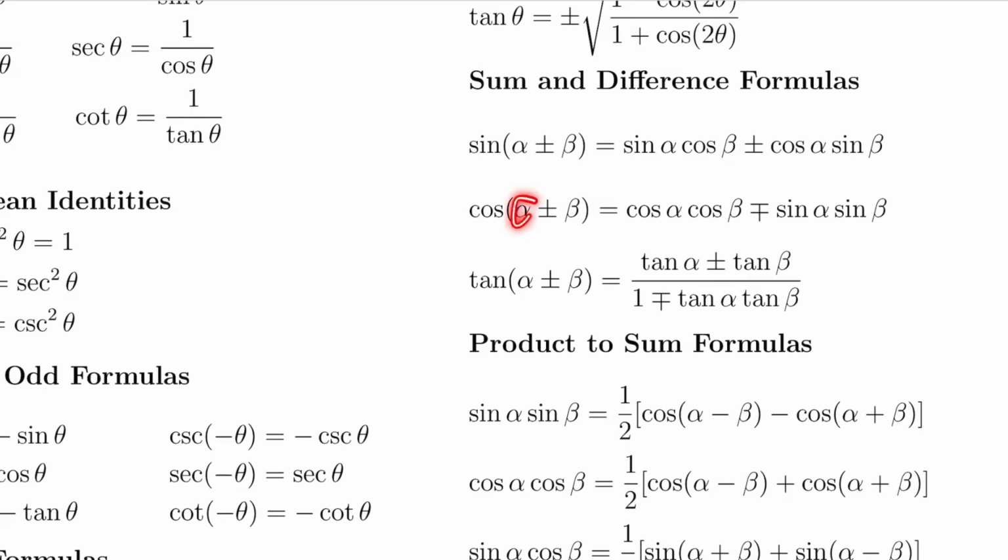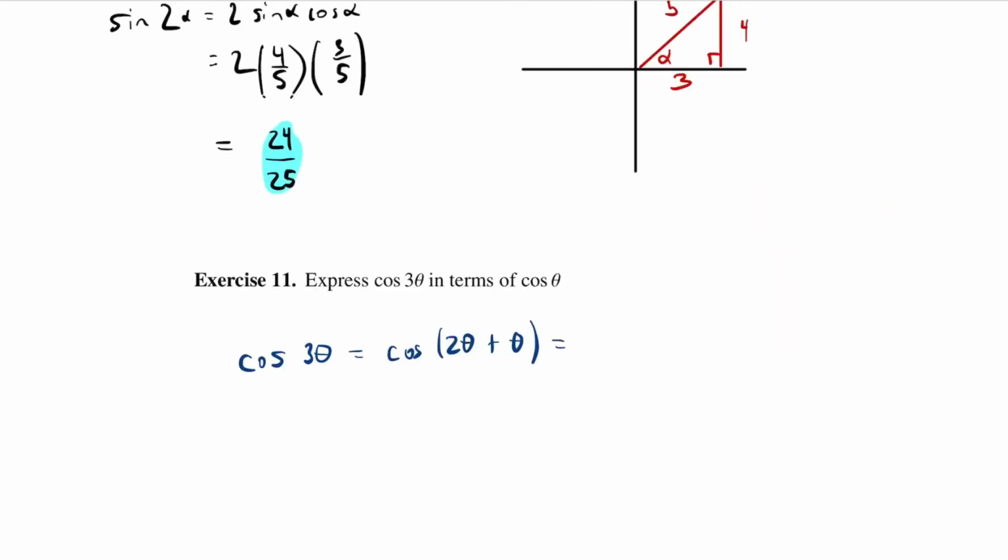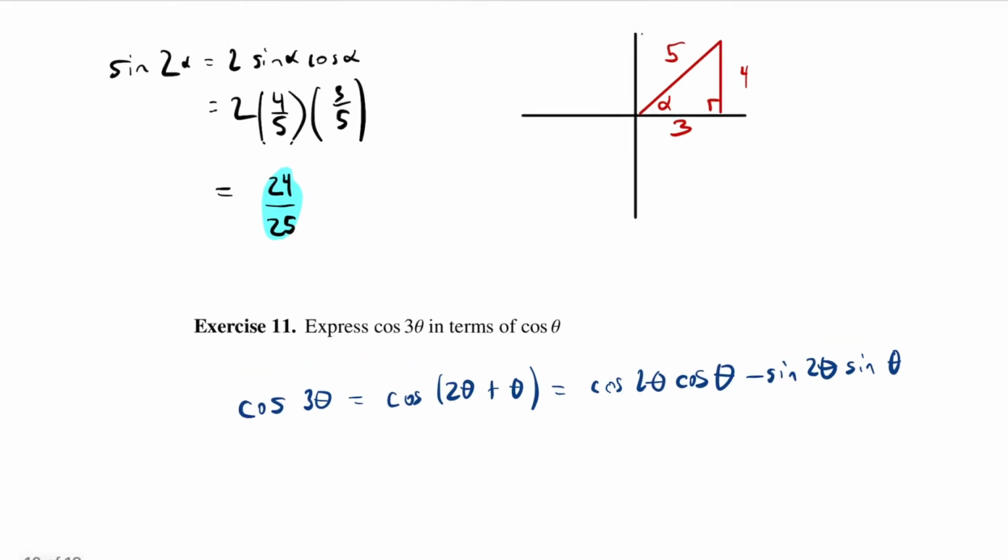The sum formula for cosine of alpha plus beta is cosine cosine minus sine sine. All right, and now we have to use the double angle formulas for this and for this.